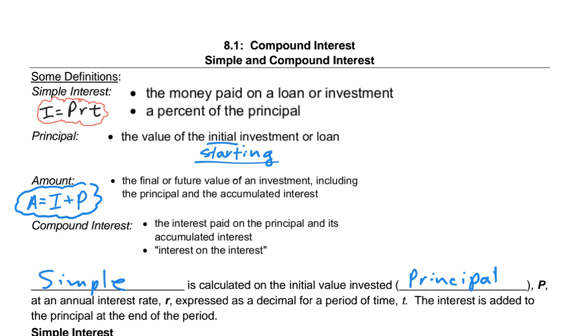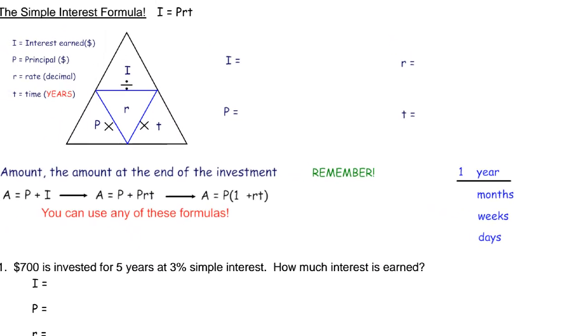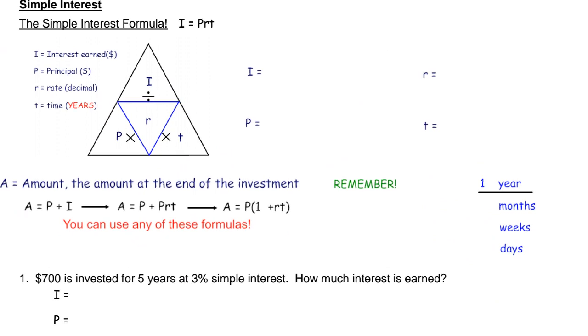So let's just go over the concepts of simple interest again with a quick review of our simple interest triangle, okay? So remember with our simple interest formula, I was equal to PRT, right? So if we were looking for I, all we would do is get rid of this and then look at what's left over in our triangle, and we realize that's just I equaling PRT.